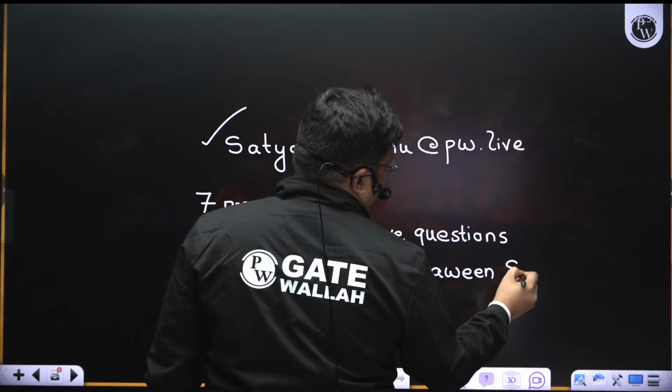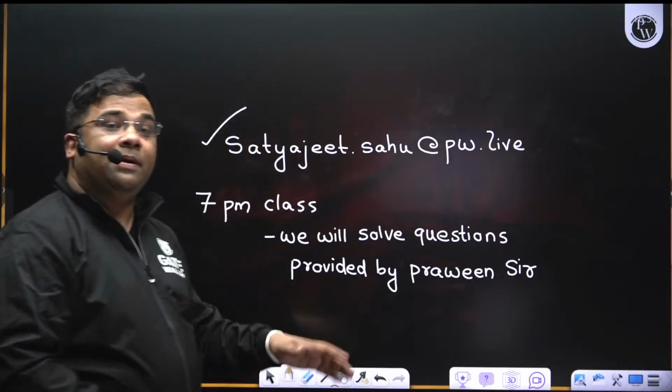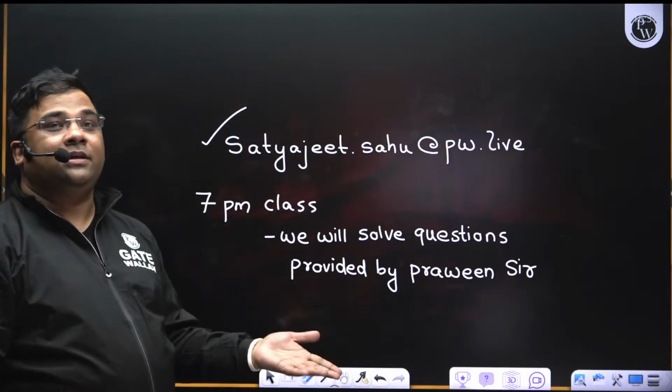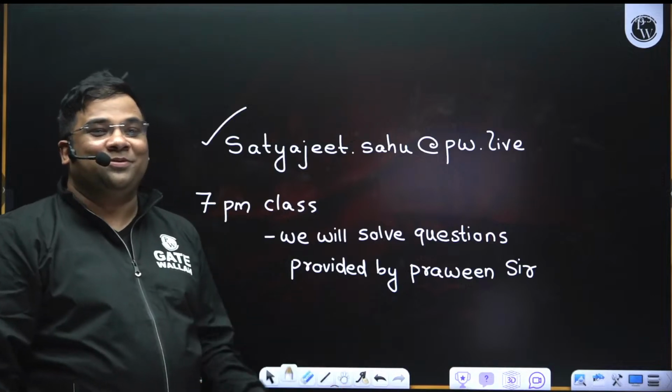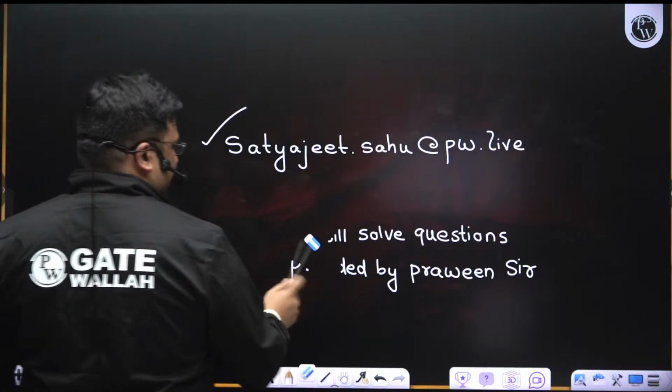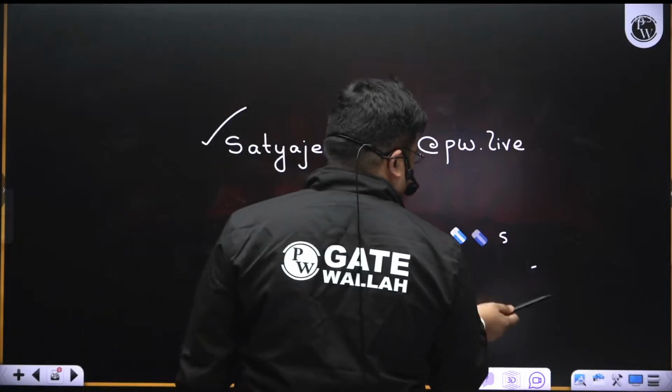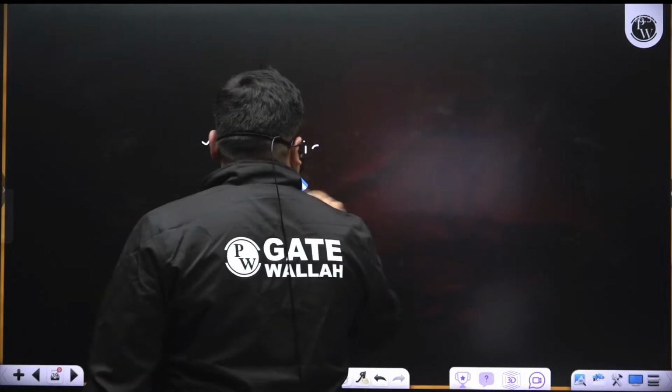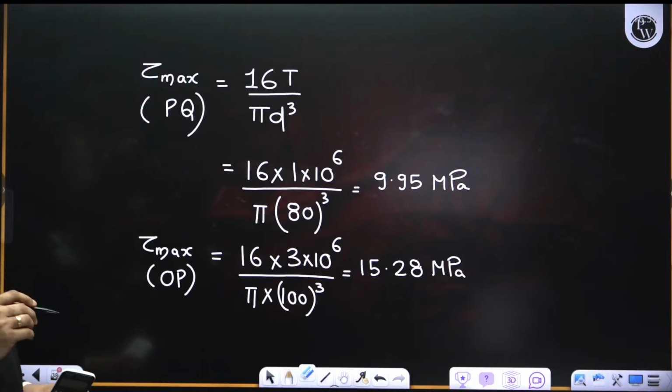Praveen sir will send us questions, and the questions sent by Praveen sir we will solve, because Satyajit sir is an idiot. He doesn't know which question to solve, which not to solve. Please tell. Whatever question you send, we will solve, because you are the perfect person to decide that.